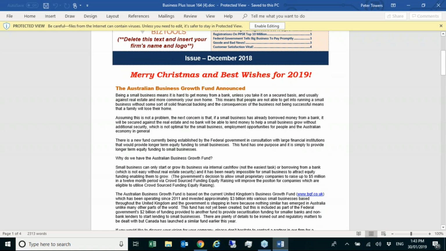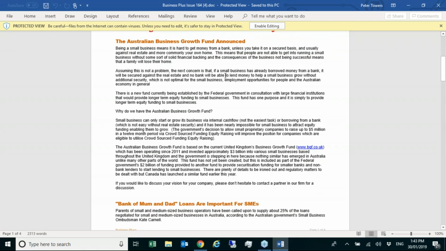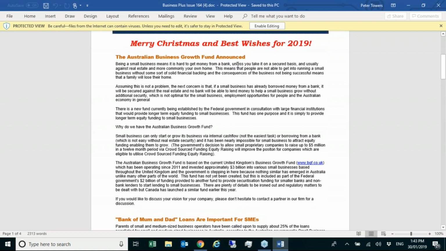We write this directed at small, medium enterprises. We don't fill it with tax articles. In fact, you'll find that there's no tax articles in this issue. This is the closest we got to a tax article. Our tax writer produced this. So we utilize a guy who also writes for the Institute.